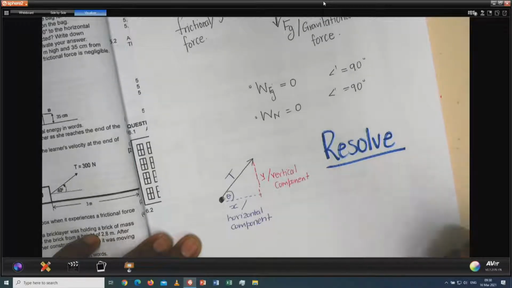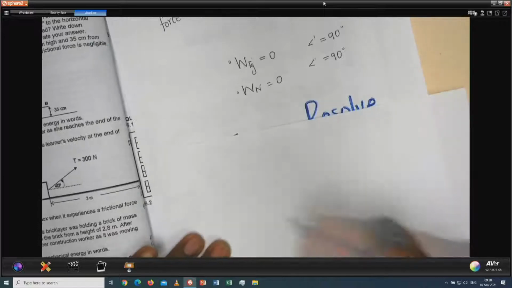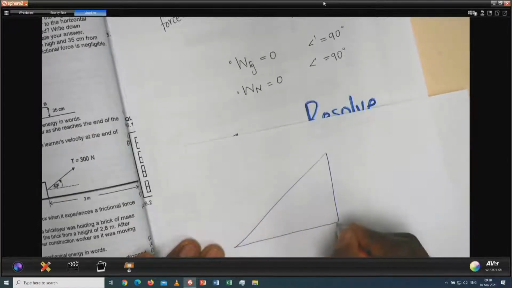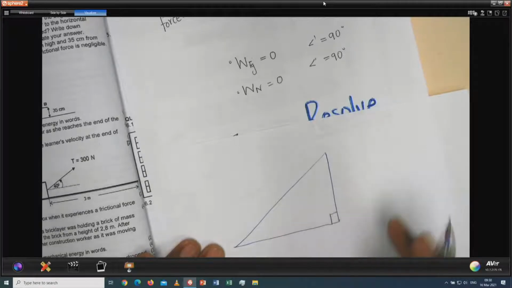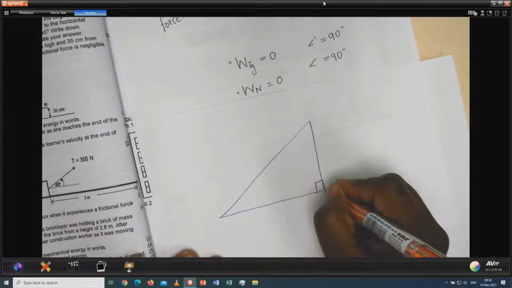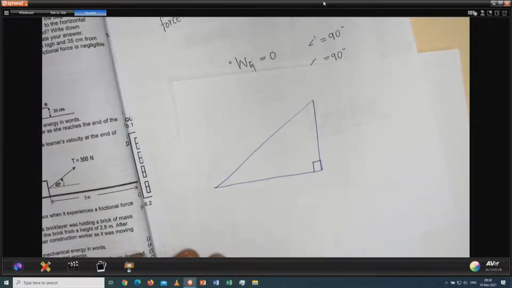Now, if I can just take you back to a little mathematics. In maths, when we are dealing with a right-angled triangle, the sum of the angles in a triangle is equal to 180 degrees.